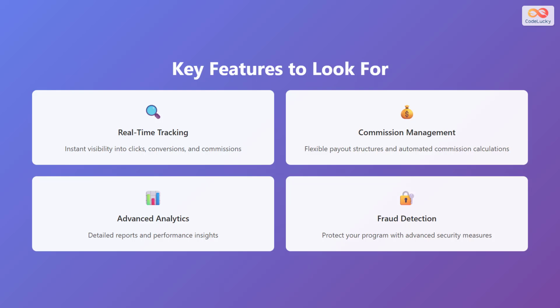Third, advanced analytics provide detailed reports and performance insights so you understand what's working and what needs improvement. Finally, fraud detection protects your program by identifying suspicious activity and invalid conversions, which is crucial for protecting your profitability.